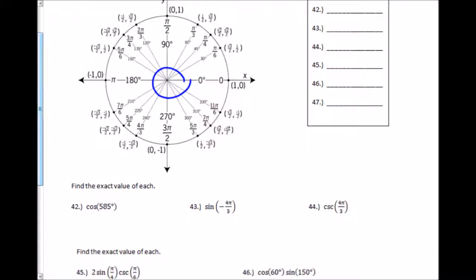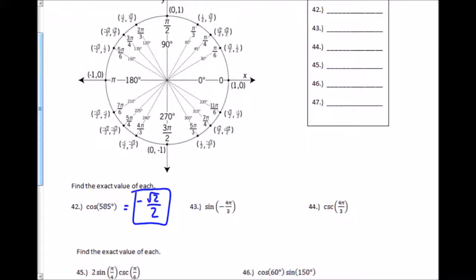I have to go another 225 degrees. So right here, I went around and got 360, and now I keep going another 225 degrees. Lands me right here. So I'm looking at this value. And I want cosine. Cosine is the x value on my unit circle. That's a negative root 2 over 2. And that's it. I'm just counting around the unit circle to that angle. All right?